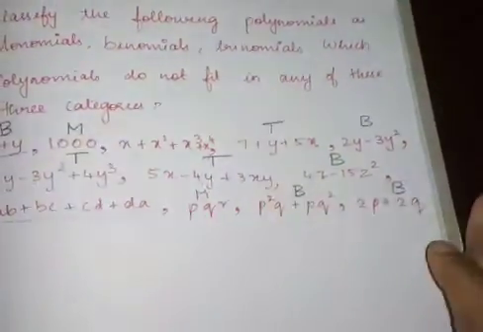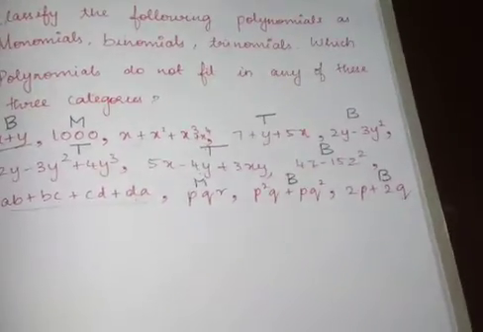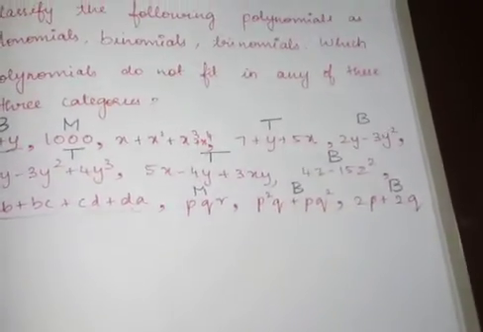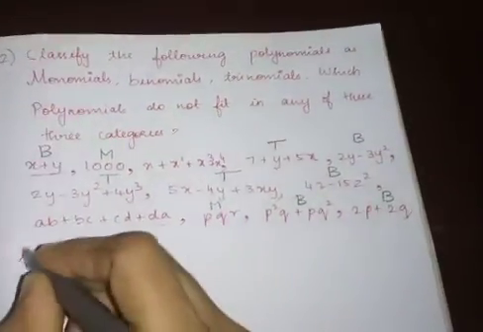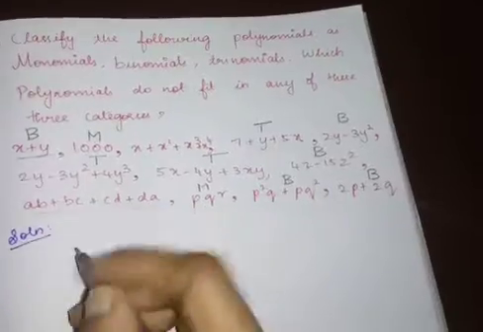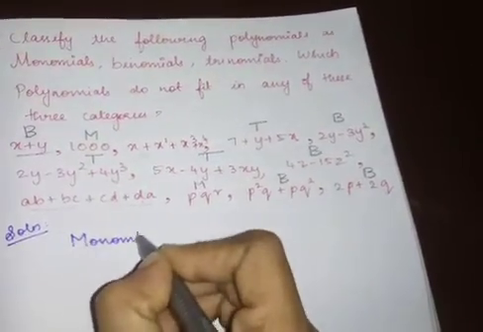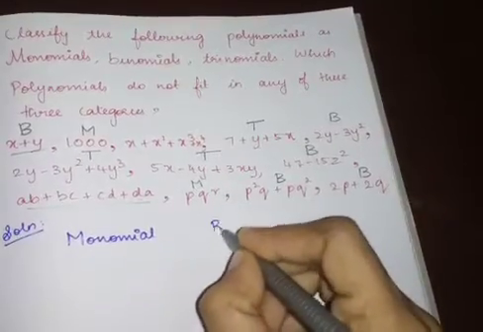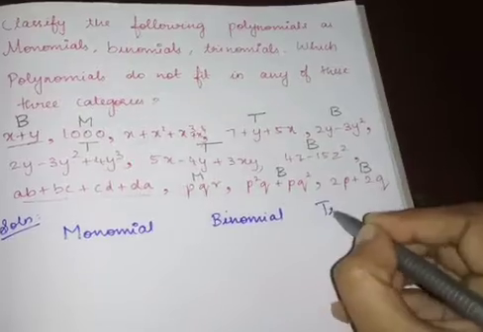Now I have categorized everything, whichever is monomial, whichever is trinomial, whichever is binomial. So now shall we write the answers? As usual, solution, you put a tabular column and write monomial, binomial, trinomial.